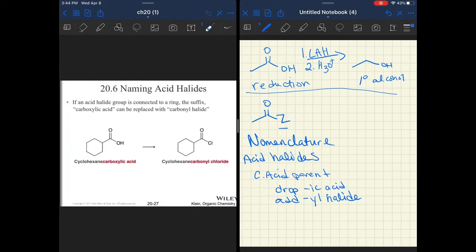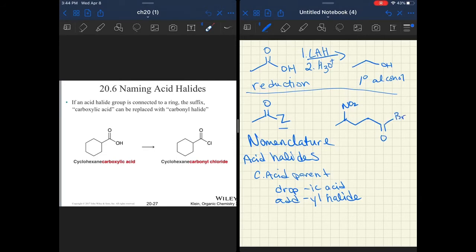And let's do a practice problem before we move on to anhydrides. So let's take a few interesting functional groups. And how might we handle this?